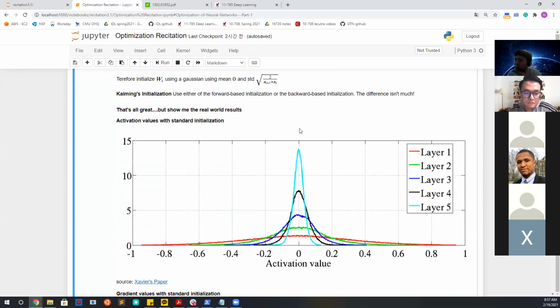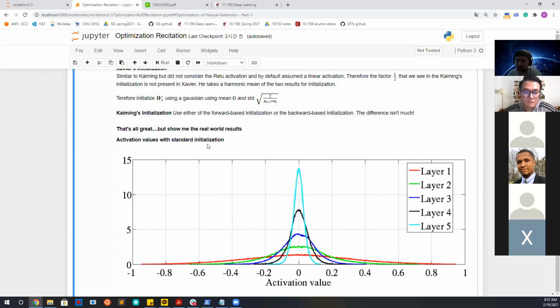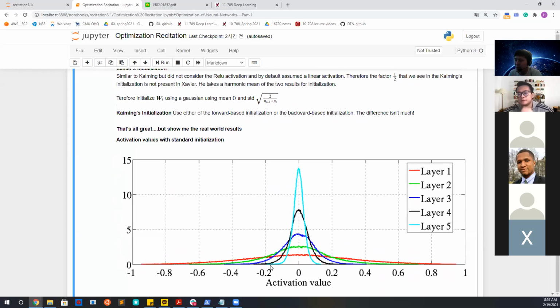Basically, this is showing the vanishing gradient and vanishing activations. I think Bhiksha might have covered this in class, but as you go further inside the layers, you can see that for a standard initialization, the values, for example for layer 5, reach almost 0.